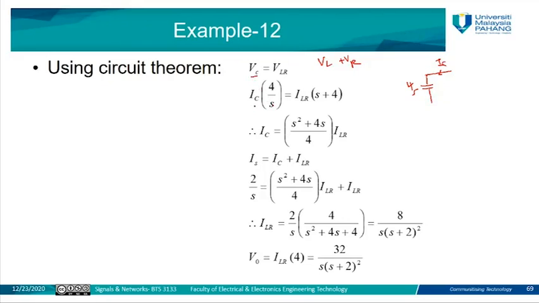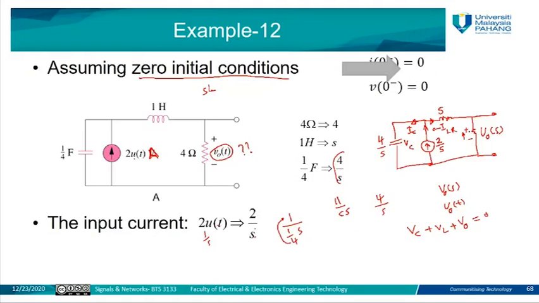This is on the left side. On the right side, you have the current which goes through both elements, the inductor and the resistor. This inductor and this resistor are two impedances in series. So the total impedance here will be S plus the value of R, which is equal to 4. So it is S plus 4.